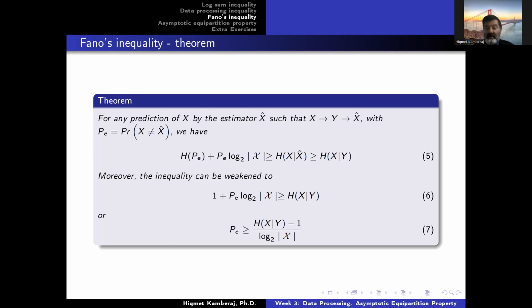Here, the latter can be derived from equation 6.